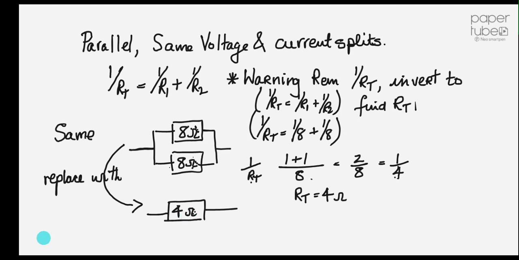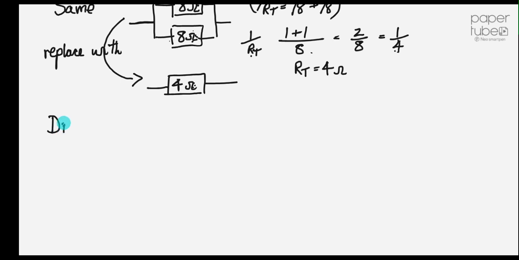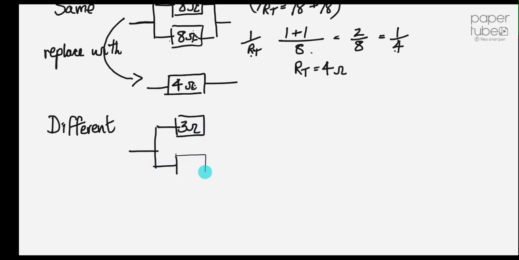Now we're going to look at them when they're different. Some people find it hard to add fractions because they don't know how to find a common denominator. In other words, find a number at the bottom that's the same for both. So I'm going to look at this setup here of a 3 ohm and a 6 ohm in parallel. How do I know they're in parallel? The current splits. Follow the blue spot.